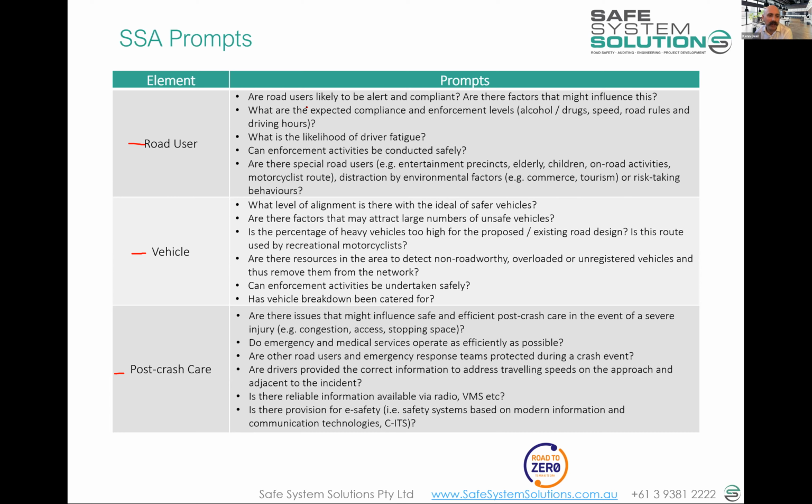And is there provision for e-safety, safety systems on modern information and communication technology, cooperative intelligent transport systems? Again, often limited for us within our projects to be thinking about that, but sometimes you do.